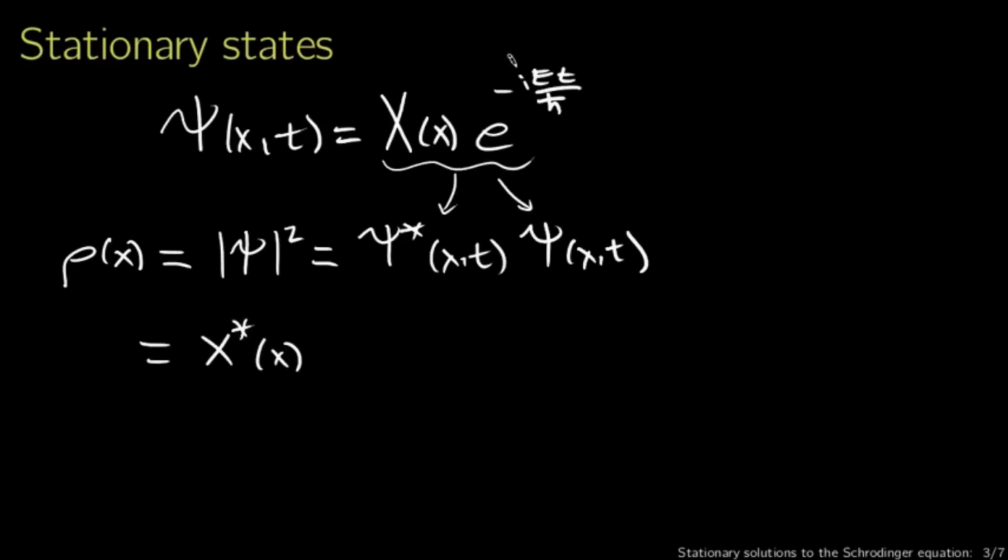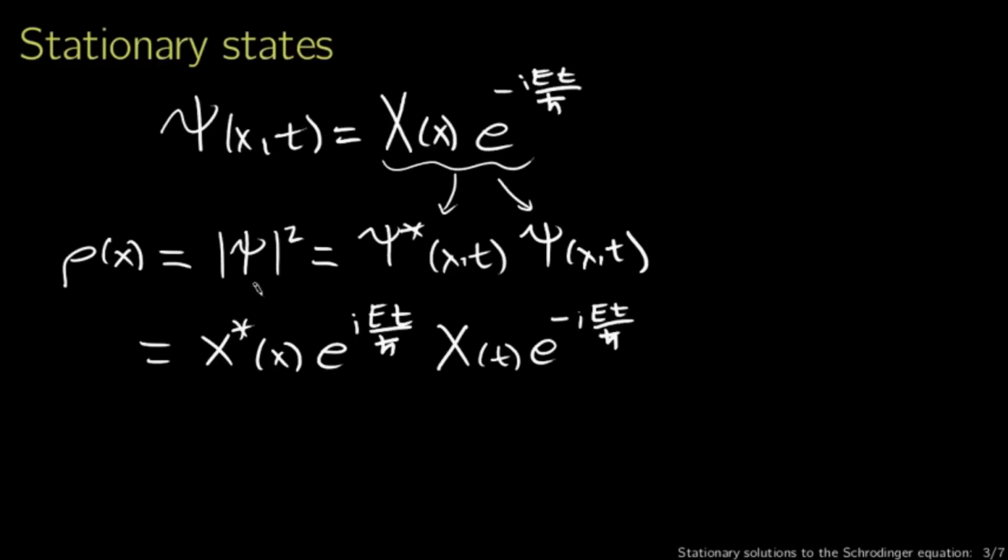And the only part that's complex about this is the i here in the exponent, so we need to flip the sign on that. And we'll have e to the positive i E t over h bar. That's for the complex conjugate of psi. And for the psi itself, well, X of x e to the minus i E t over h bar.